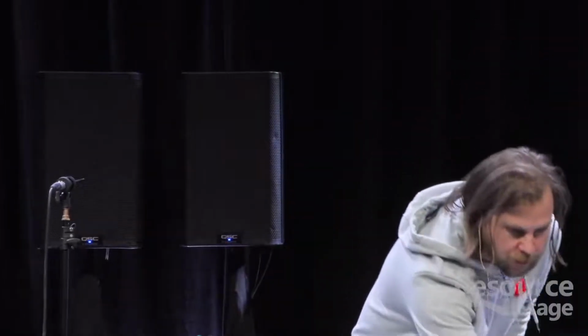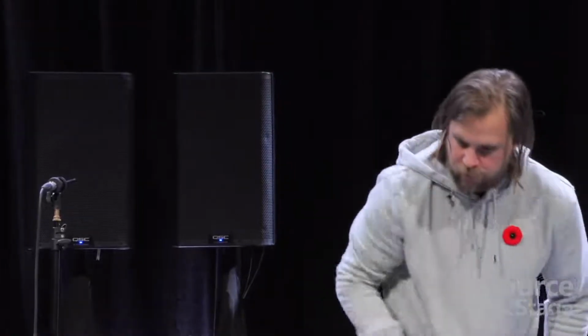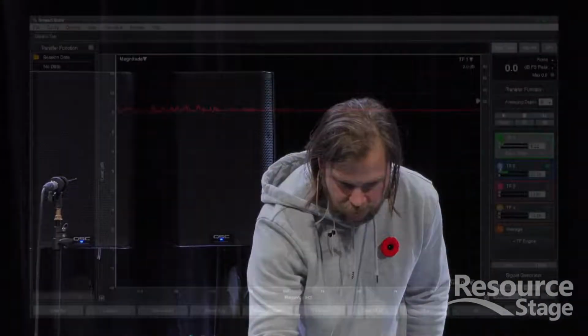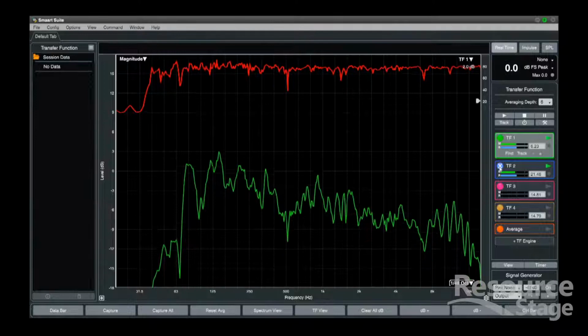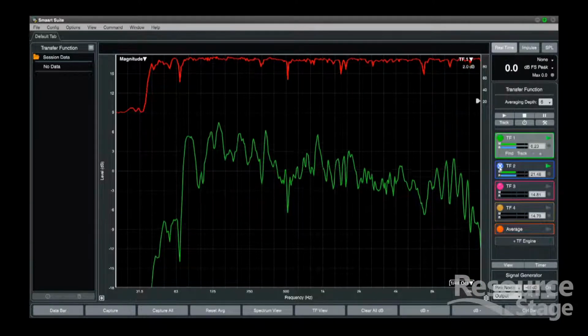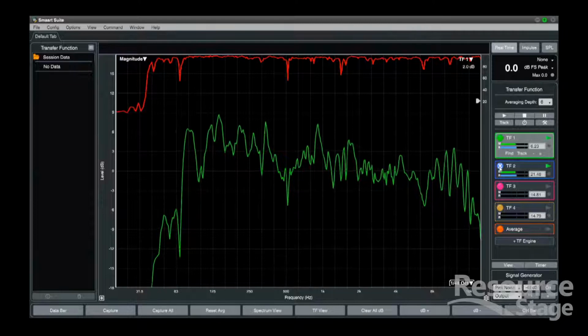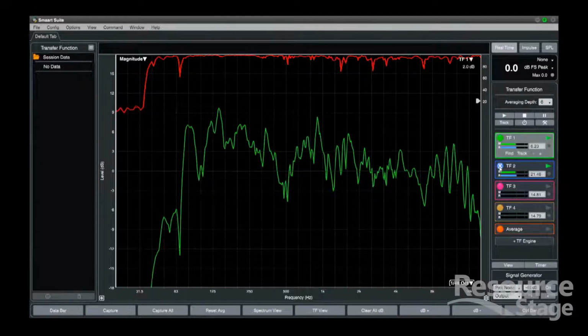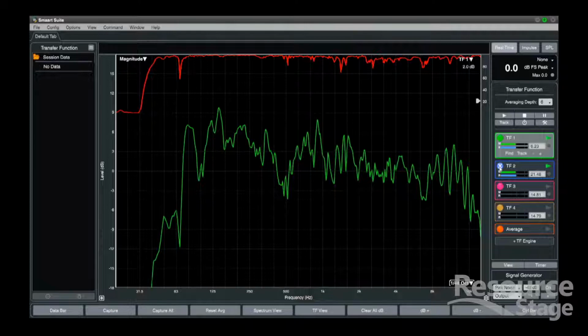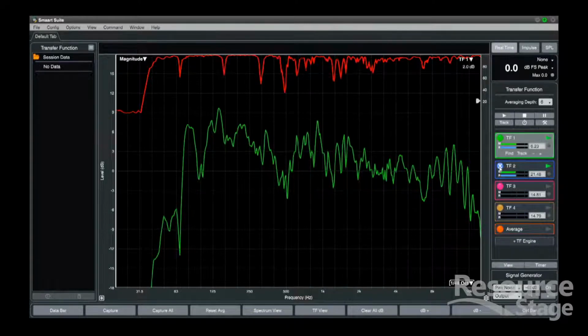All right. I'm just going to turn off that one. Let me get a little noise here. Are you on the right output?